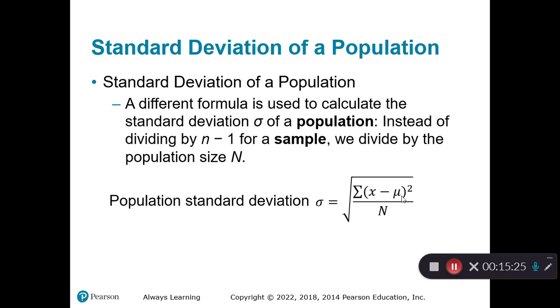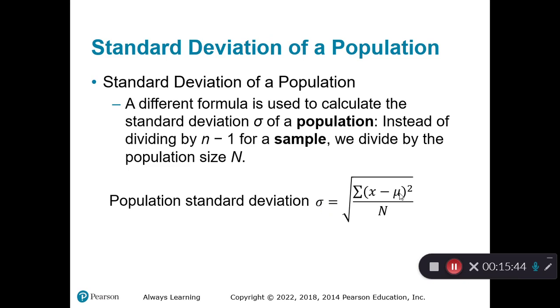And then another difference is, of course, the mean of the population is represented with the letter mu versus the X bar symbol as the mean of a sample.